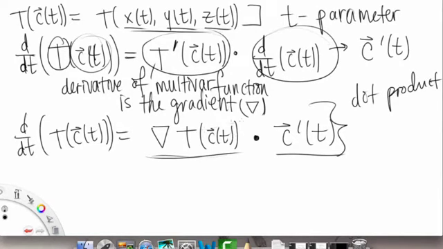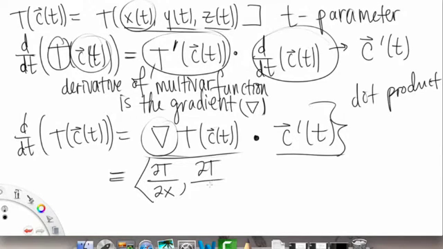So in a more detailed sense, what would we actually see? If we're taking the gradient, that means the partial derivatives for each component, right? So we're going to take the partial of capital T with respect to the x component first, comma, the partial derivative of T with respect to y, whatever's in the y component, and then the partial derivative of T with respect to z.